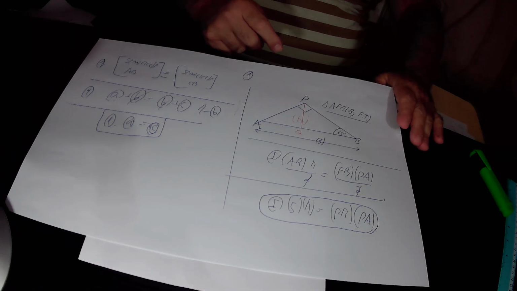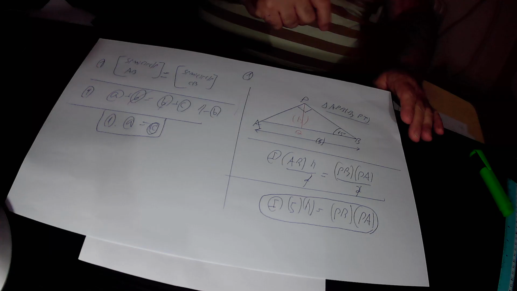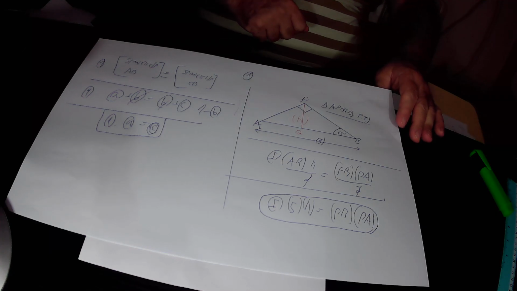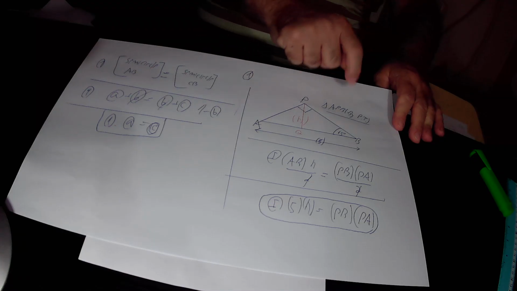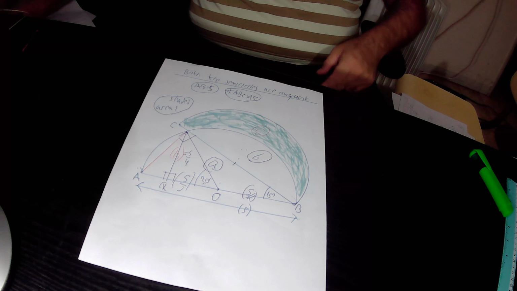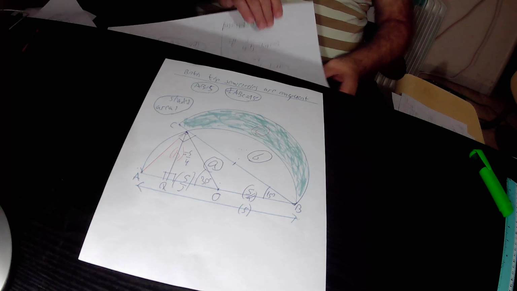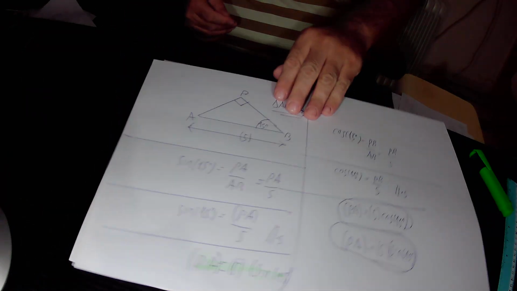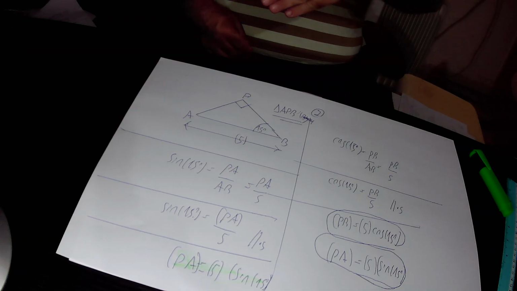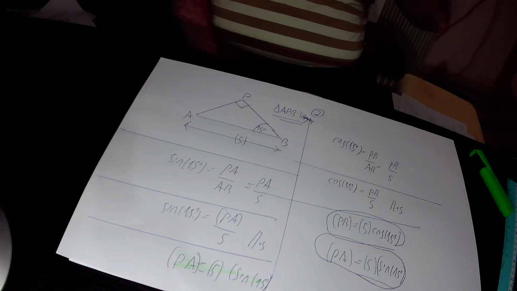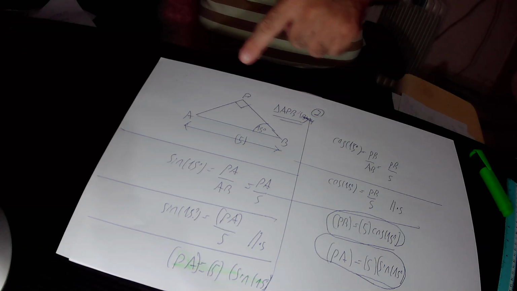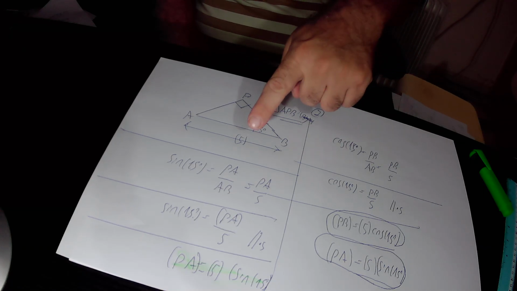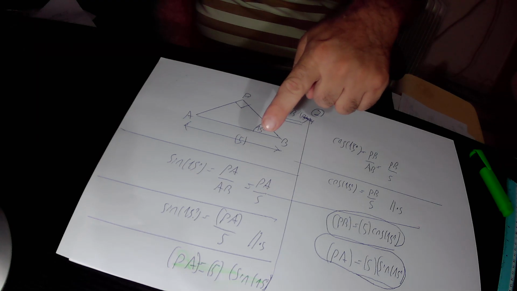In the next step, I copied the triangle APB onto a new page again. We continue to analyze this triangle APB in order to find the values of AP and PB, which are unknown. In this triangle APB, sine 15 degrees equals AP over AB.